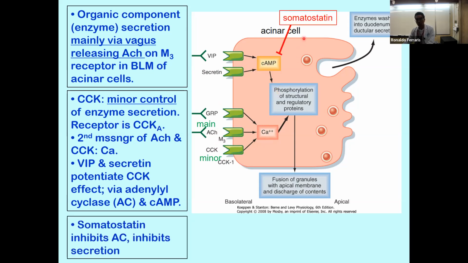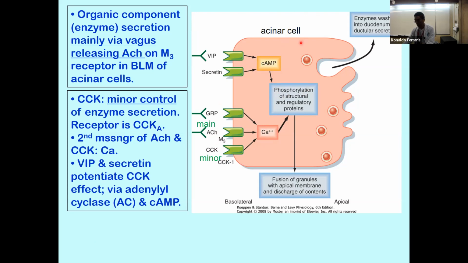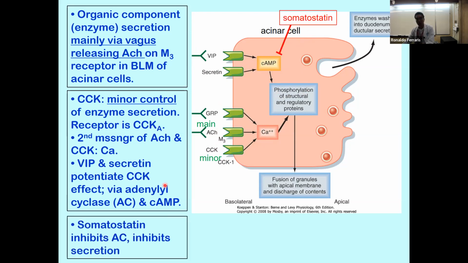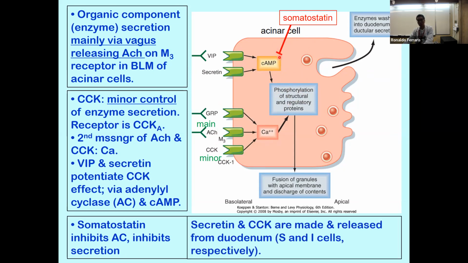And then overall here, somatostatin, as depicted in my drawing, inhibits adenylyl cyclase and slows down secretion of enzymes by acinar cells, as depicted here in this graph. And CCK, where do CCK and secretin come from?